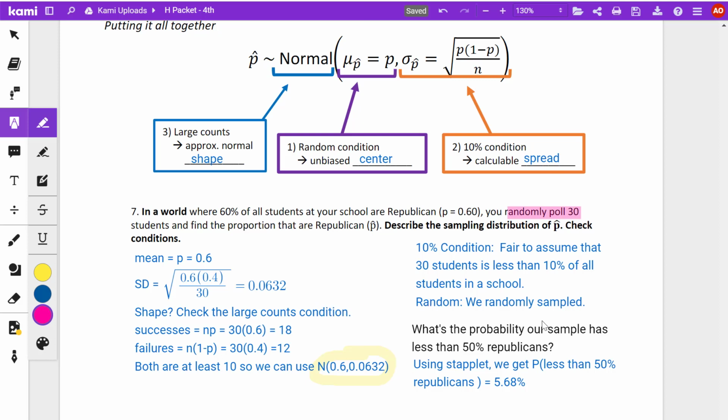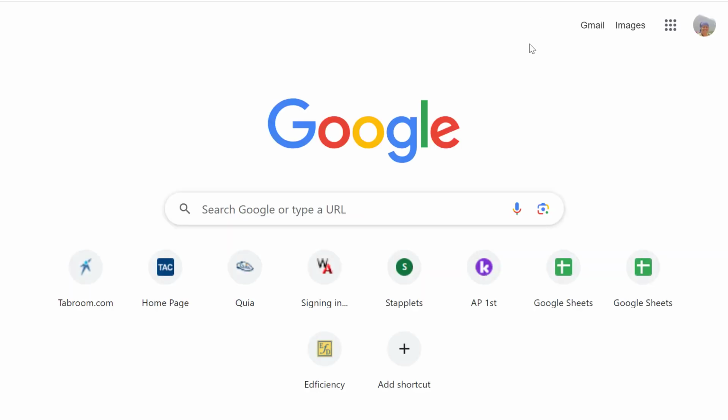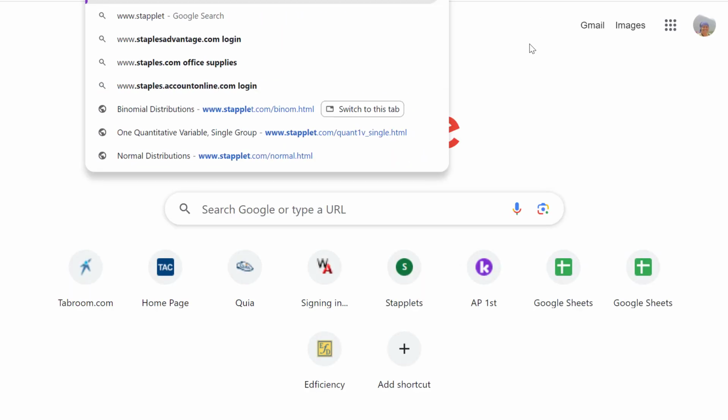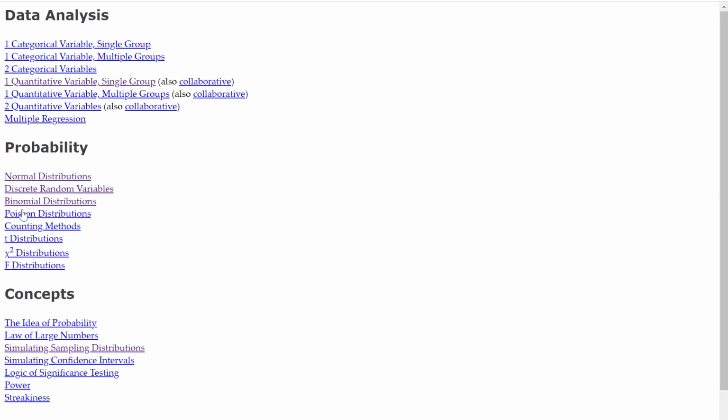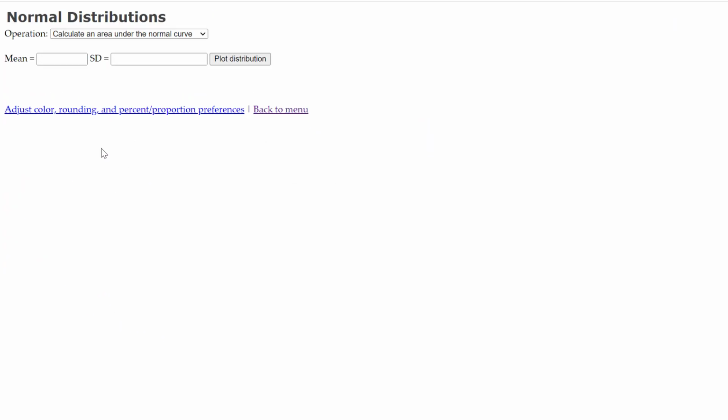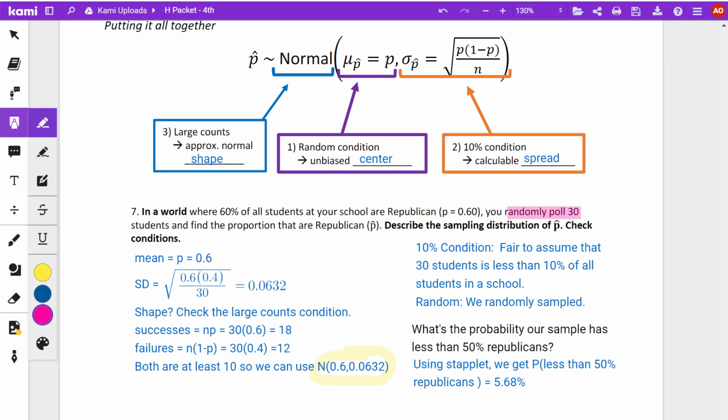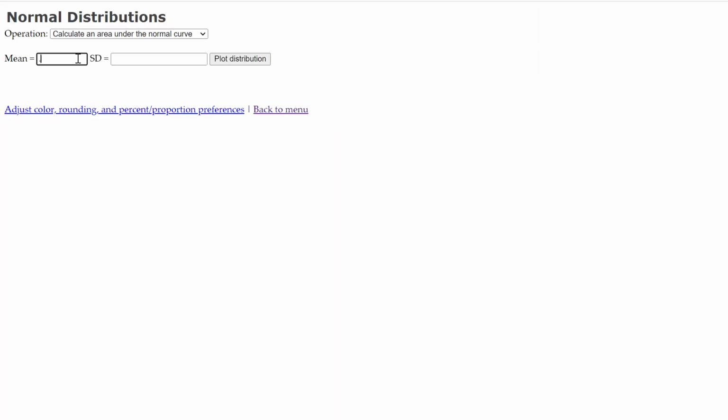So this is the piece I added in, that our sample has less than 50% Republicans. So what you're going to do is take that mean and that standard deviation, and go to a Statplet. And we're doing normal distribution. All we need is the mean and the standard deviation. We said it was 0.6 and 0.0632.